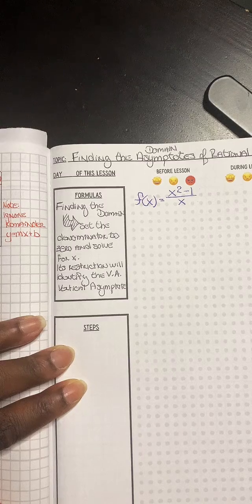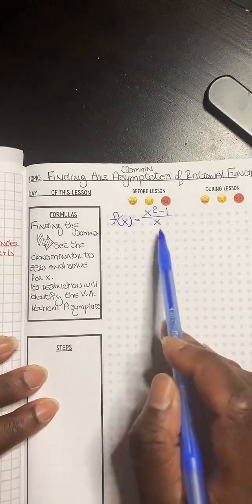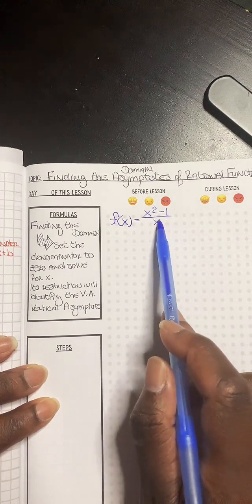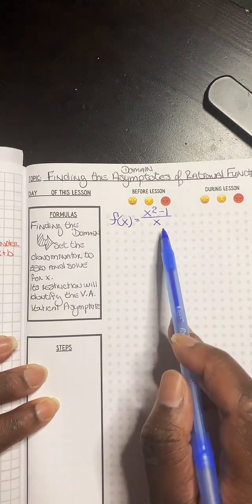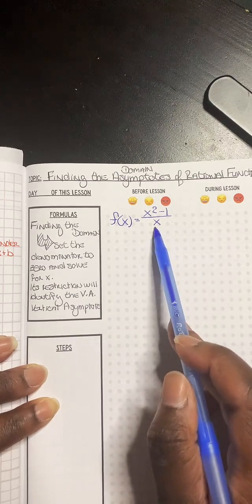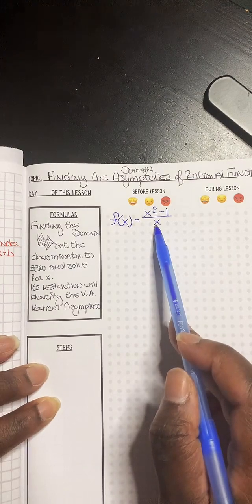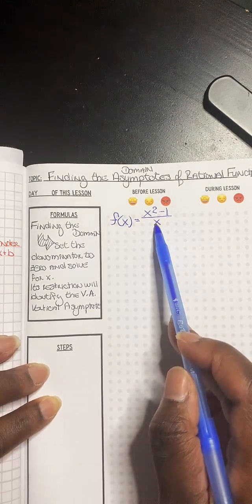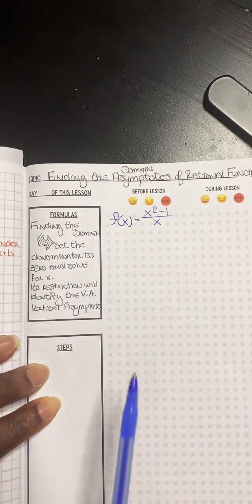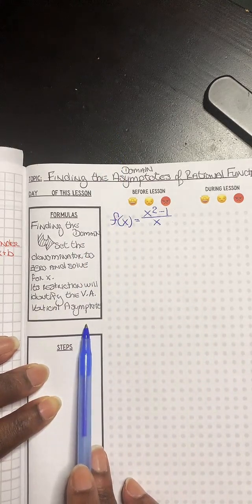If you know anything about fractions, we do not want a 0 in the denominator, because that makes it undefined. We don't want our fractions undefined because that can cause a limitation, a boundary line, an asymptote, as we might say.